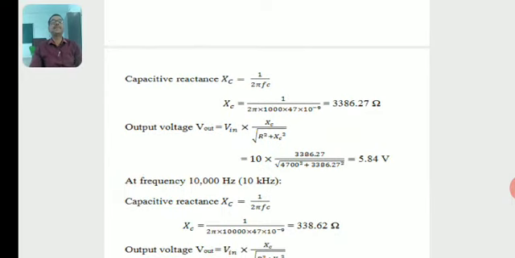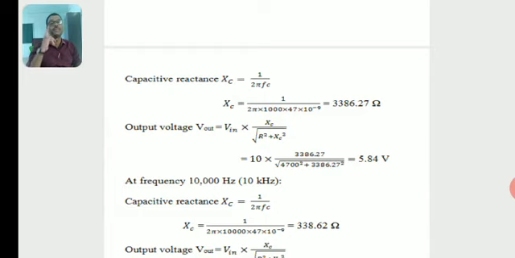The capacitive reactance X is equal to 1 by 2 pi f C. Substituting the values of f and C, we get 1 by 2 pi into 1000 into 47 into 10 to the power minus 9, which is equal to 3386.27 ohm.